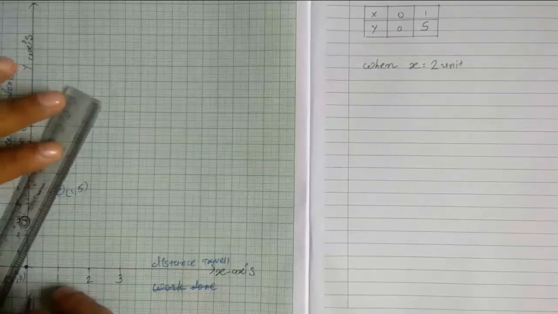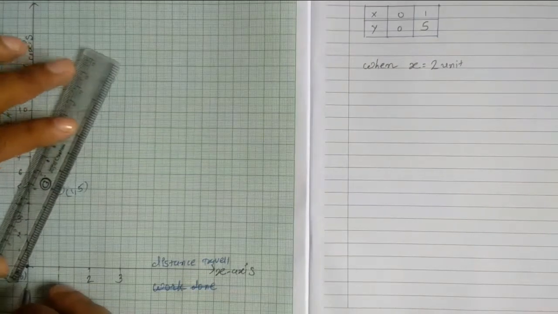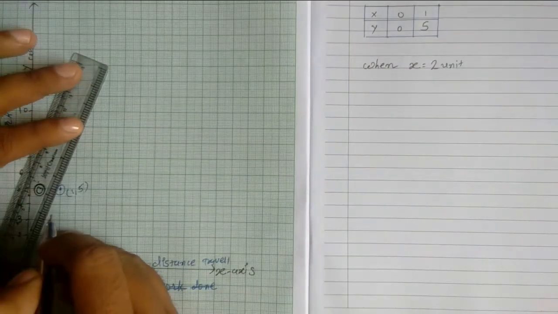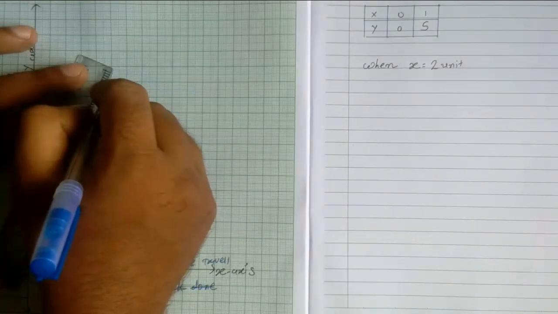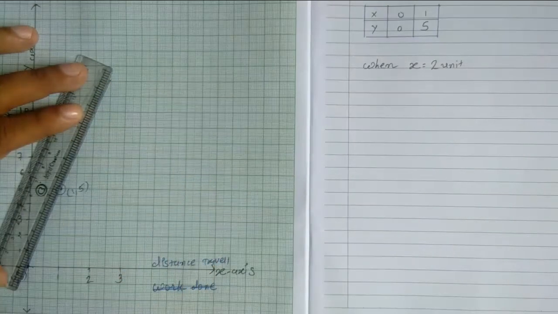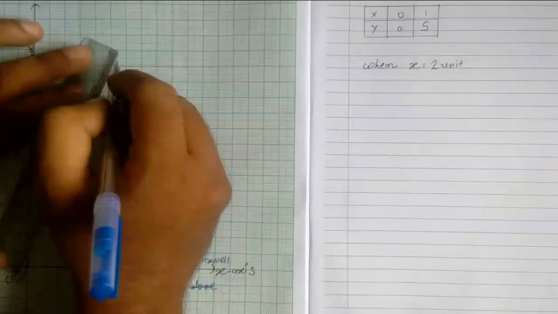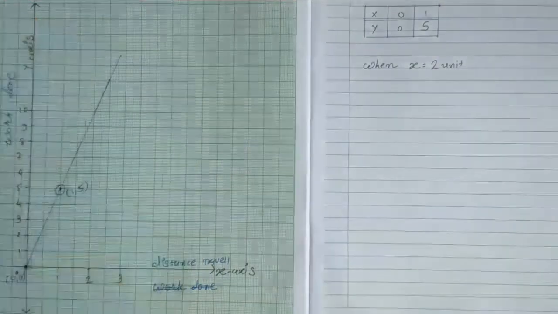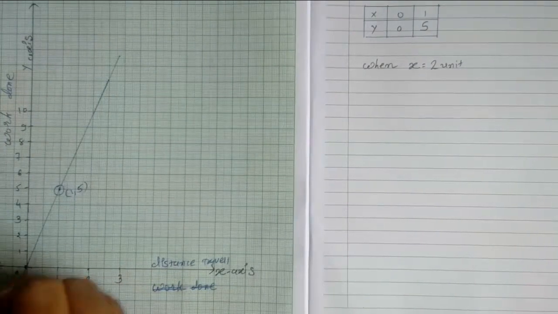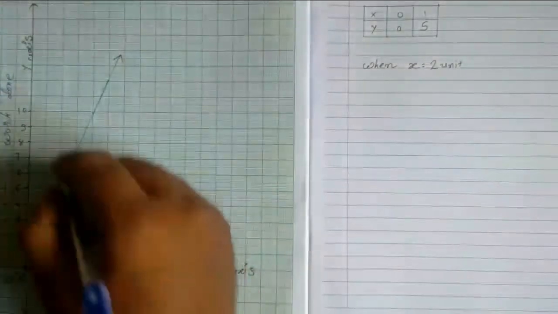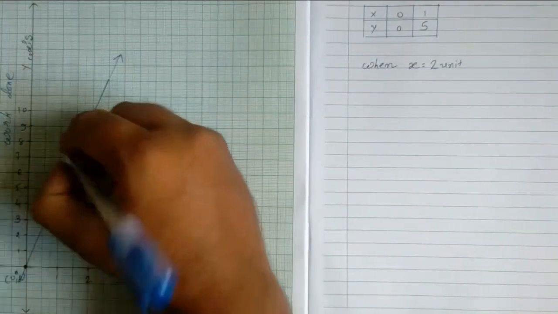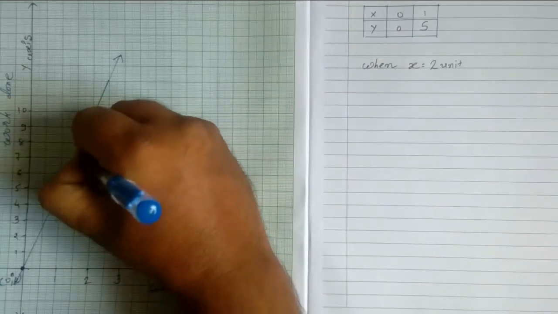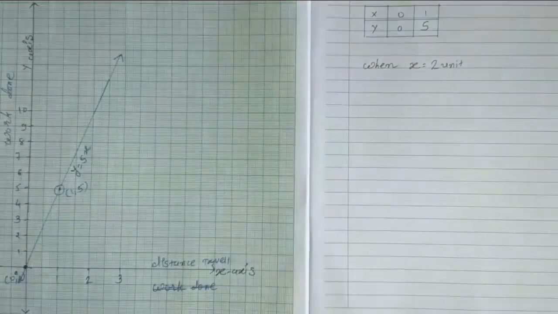So first we need to draw a line like this. And we can write our linear equation y = 5x.